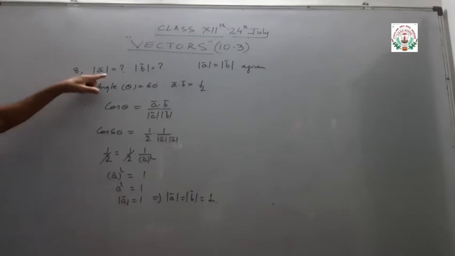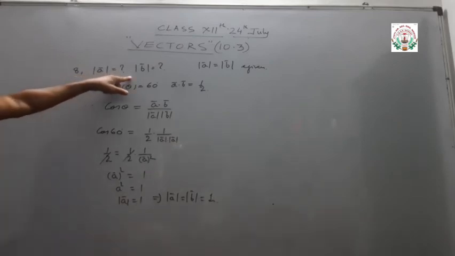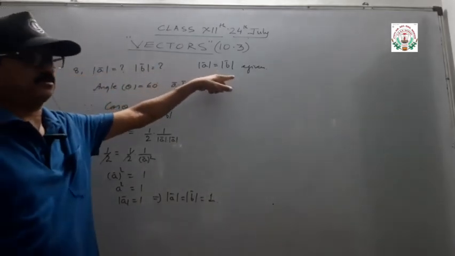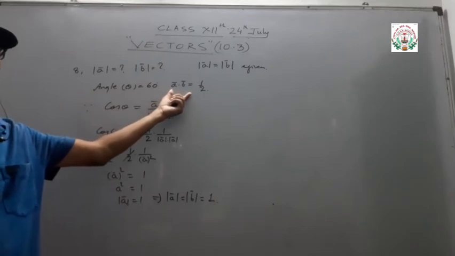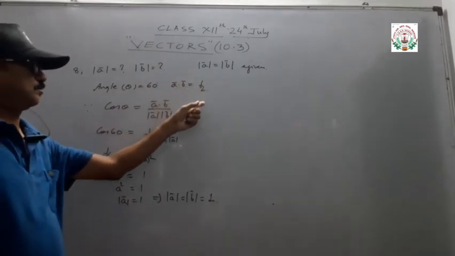We have to calculate the magnitude of vector A and vector B, and it is given that the magnitudes of both vectors are equal, the angle between these two vectors is 60 degrees, and their scalar or dot product A dot B equals 1 by 2.